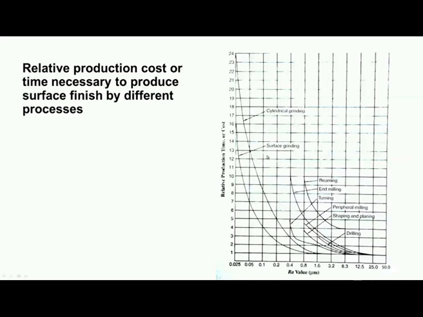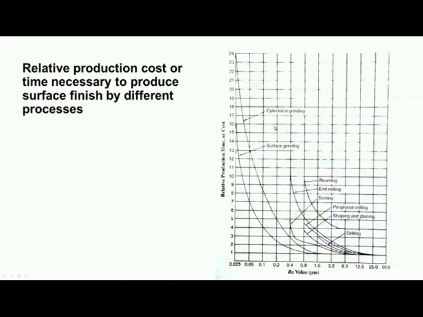And then this diagram will show the relative production cost or time necessary to produce surface finish by different processes. We can see here the x axis shows the Ra value in micrometers. The range is 0.025 micrometer to 50 micrometer, and in the y axis we have 1 to 24, which is relative production time or relative production cost.